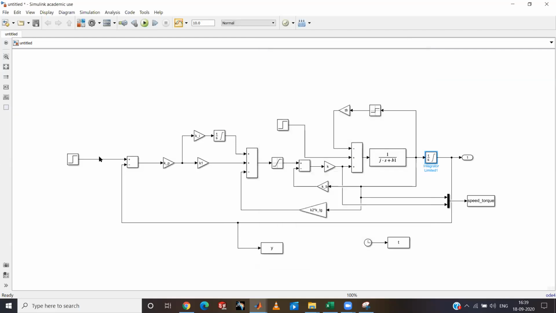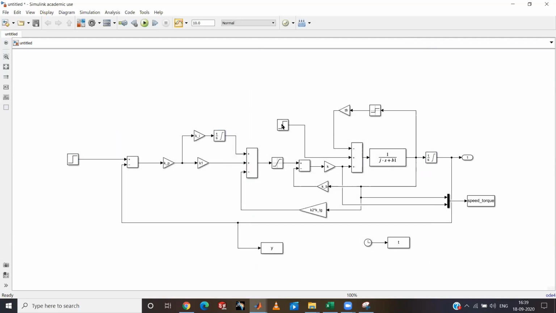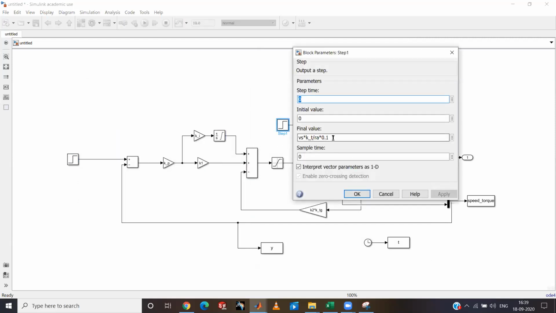Input should be 0. Yes, sir. Yeah, okay. Then if you check your parameter values, you can find out whether something is there or not.